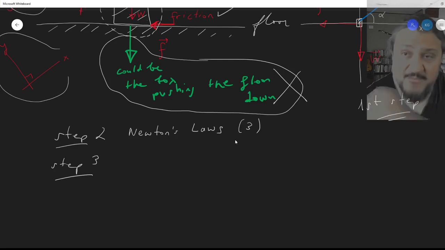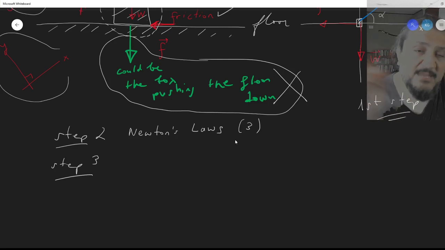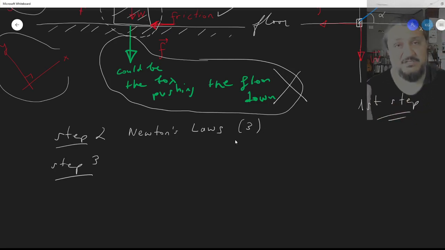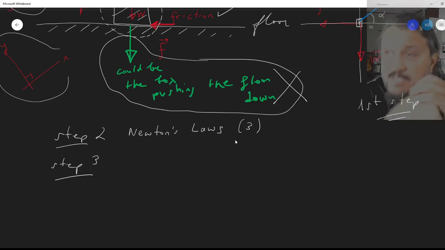But when you write it down, you use the free body diagram. That's why the free body diagram is so important. That's the first thing you do in the beginning, okay? And then you apply Newton's law to your free body diagram, and you obtain an equation of motion, if you will, okay? Even if the object is not moving, you end up with an equation, okay? But that comes from Newton's law.